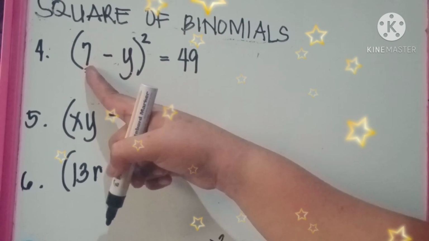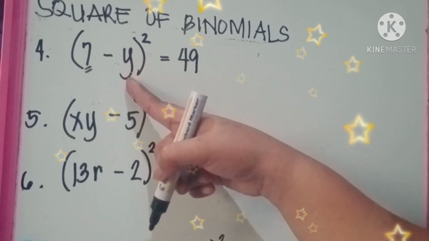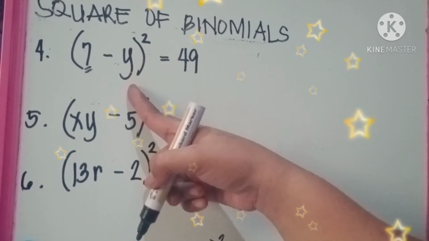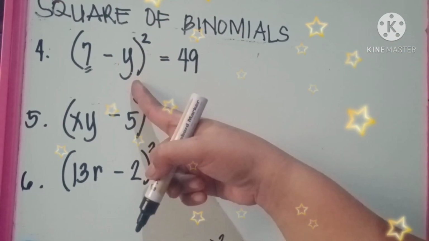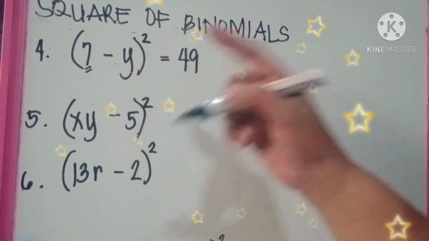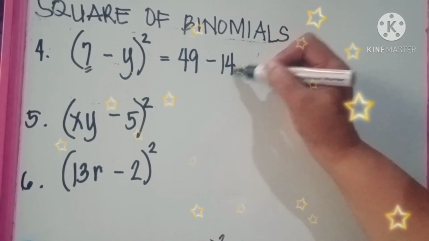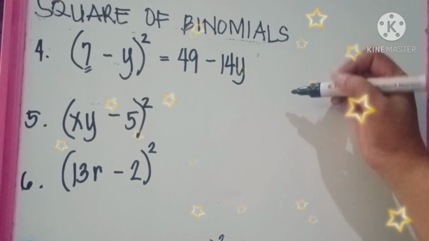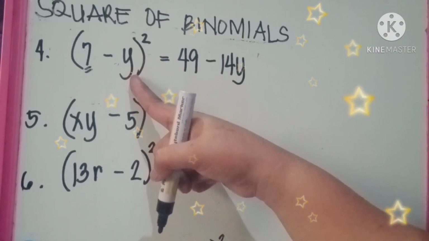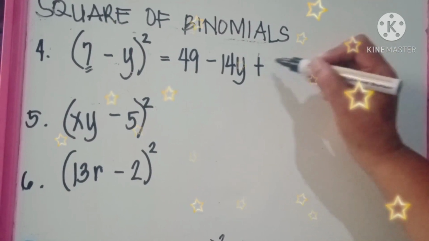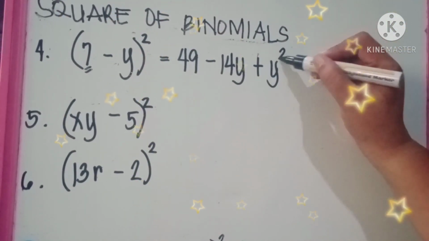We have 7 multiplied by negative y. So, that is negative 7y. Then, multiply it by 2. So, we have negative 14y. Then, multiply negative y by negative y. The answer is positive y squared.